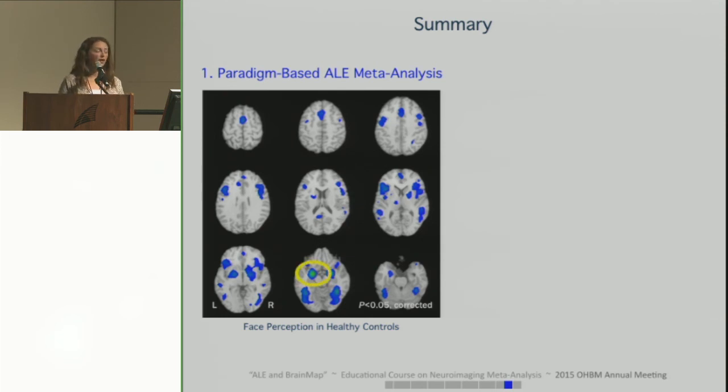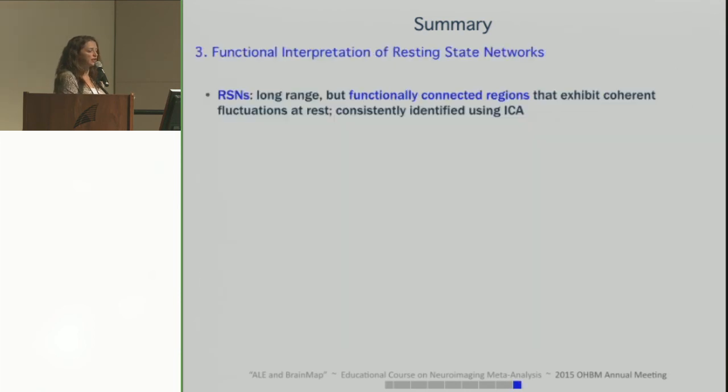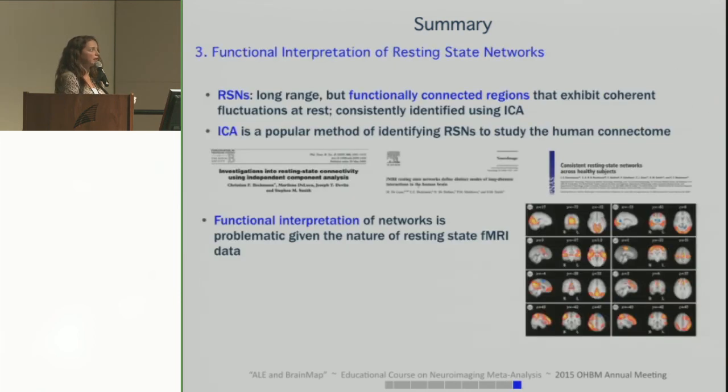Later on, Veronica is going to address an ROI-based ALE meta-analysis where you focus on all activations reported in the literature that are within a given region of interest, which is the meta-analytic connectivity modeling approach, or MACM.